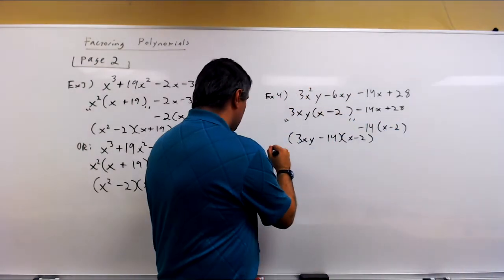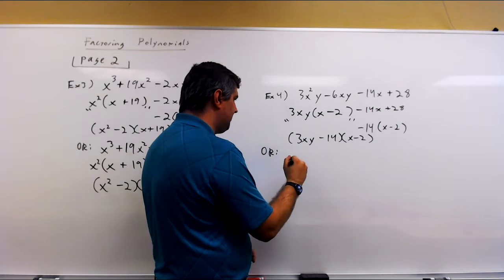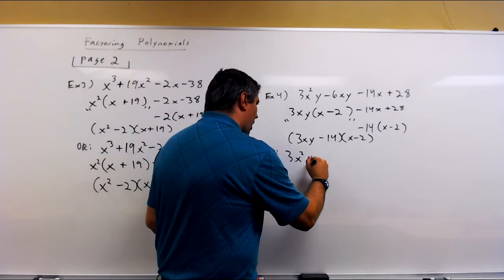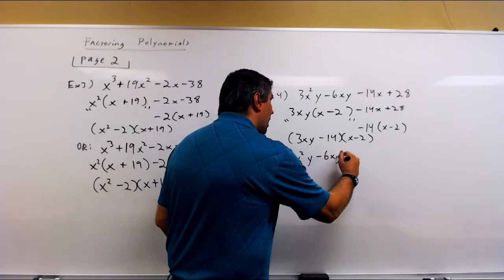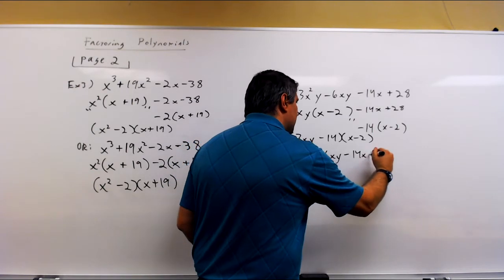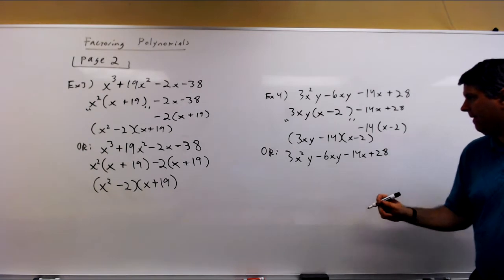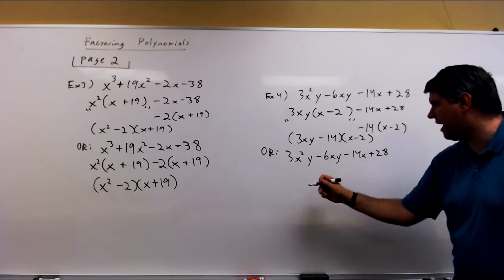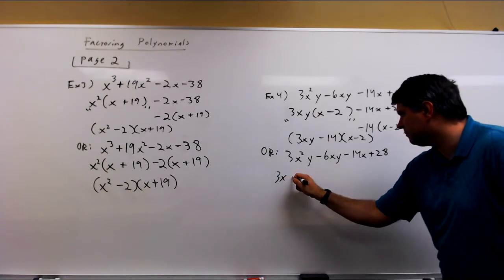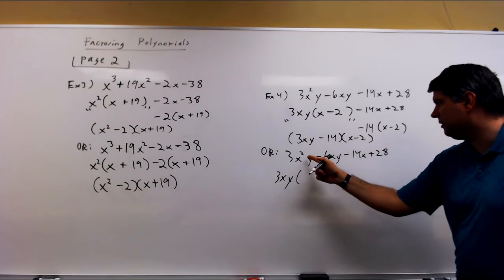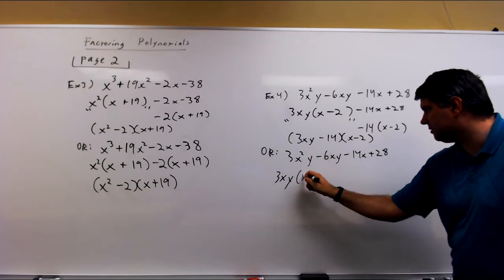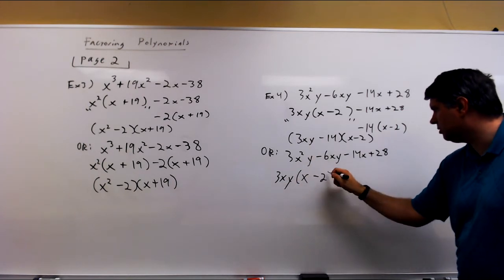Alternatively, you could have done the factoring at the same time. So I'd have 3x squared y minus 6xy minus 14x plus 28. Okay? I could have taken the 3xy out of both terms, giving me x minus 2.